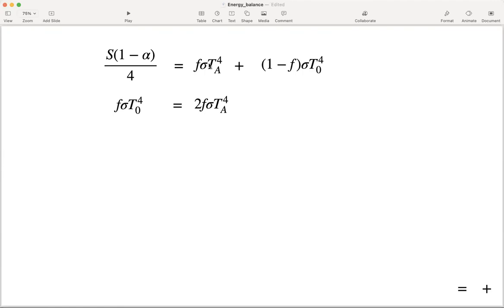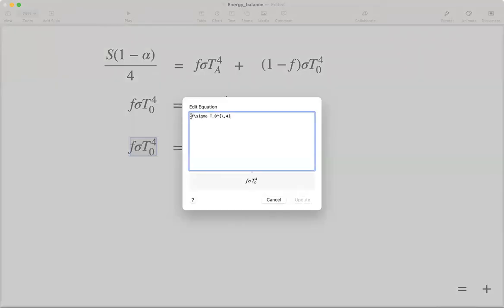And so you can see this is exactly the same except for the 2. So all we have to do is divide by 2 on both sides. And so if we do that, we can divide by 2 here.